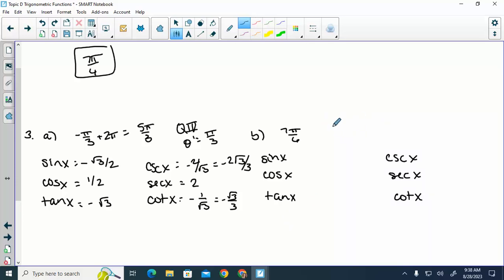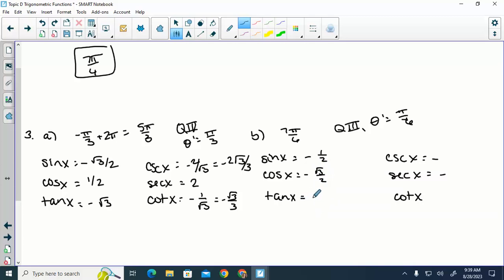7 pi over 6, what quadrant is that? Reference angle pi over 6, which is like 30 degrees. And in quadrant 3, tangent is positive, so sine and cosine and their reciprocals would be negative. Alright, so 30 degrees. Sine of 30, radical 1 over 2 is 1/2. Cosine, radical 3 over 2.